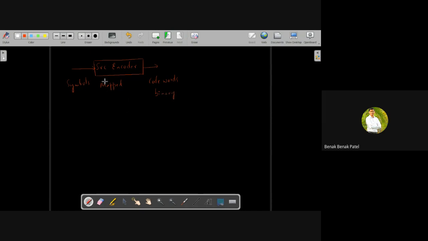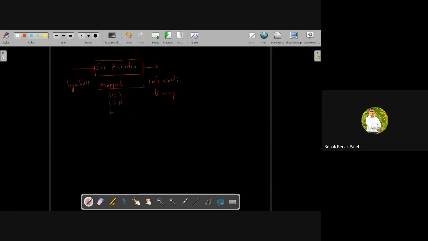In order to map from symbols to code words, we went through a lot of techniques, right? So what all techniques did we go through? We went through Shannon's encoding algorithm, Shannon-Fano algorithm.